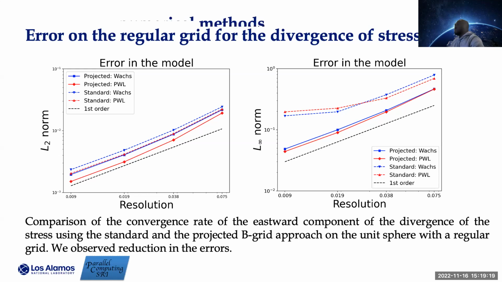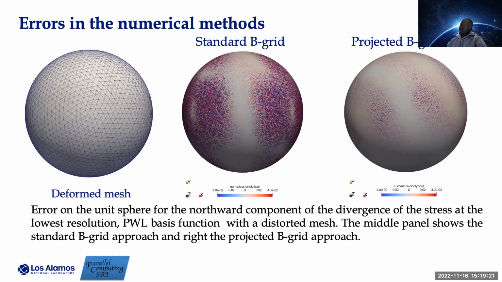So the next one is that, since we ran this problem using a uniform mesh, even though we see a difference between the errors of the two numerics, we want to see what happens in a case where we are not using a uniform mesh, but rather a distorted mesh. So in that context, we use the distorted mesh on the left. That's the mesh we used, and then in the middle we have the result from the standard approach, and the proposed result is on the right.